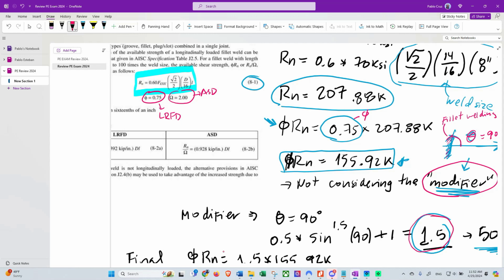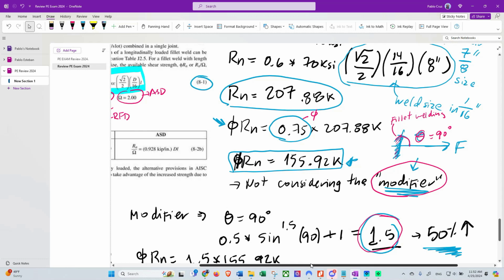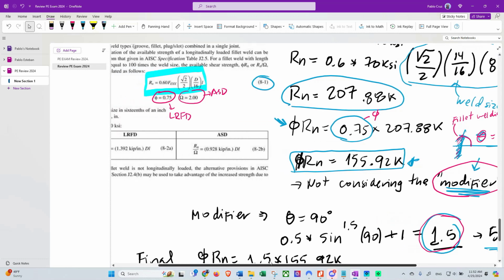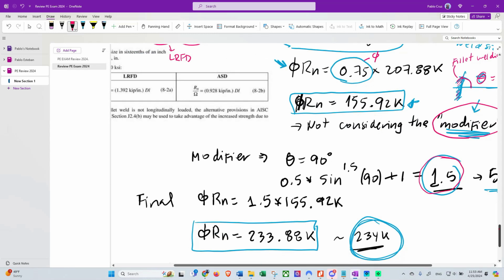So that means 50% additional capacity if we have an angle there. So the final value is going to be 1.5 times the value affected by the phi value, right? The reduction. So it's going to be 1.5 times 155.92.